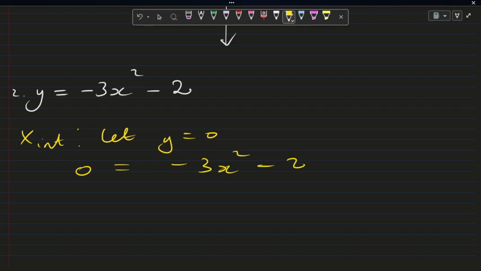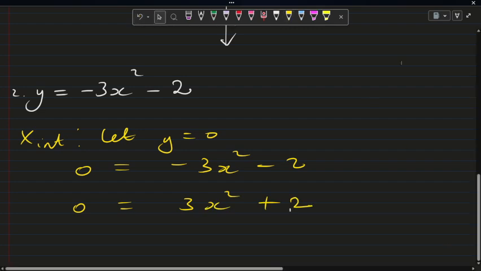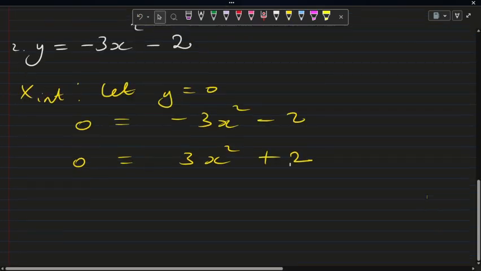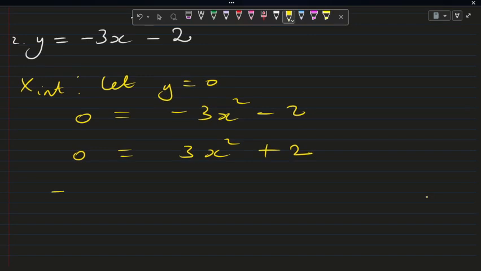We can divide everything by negative 1, and we end up with 3x squared plus 2. I take the 2 to the other side, it becomes minus 2, and then I am left with this situation.